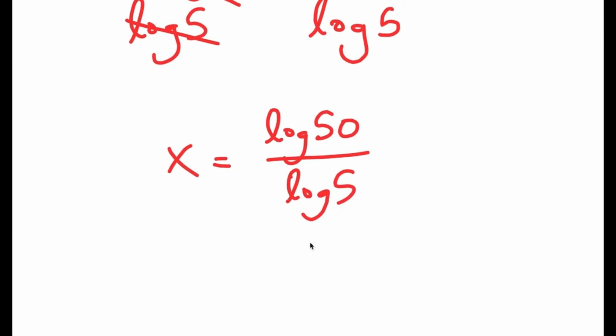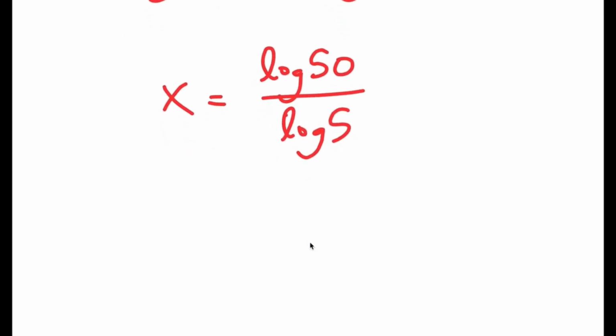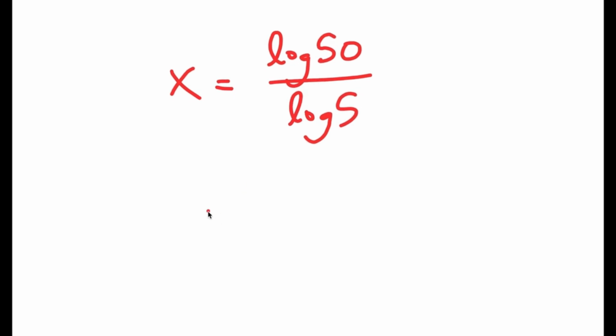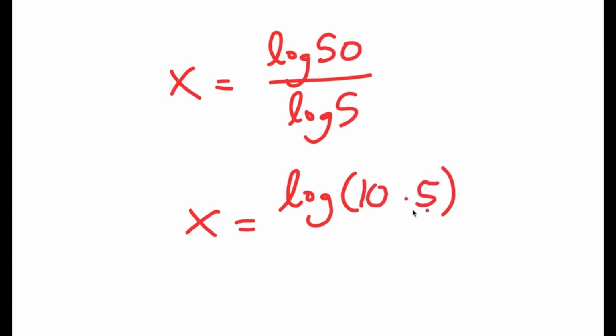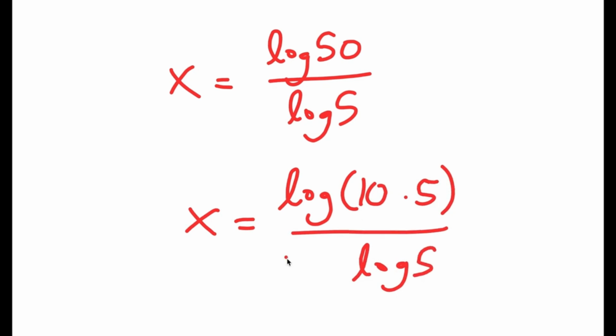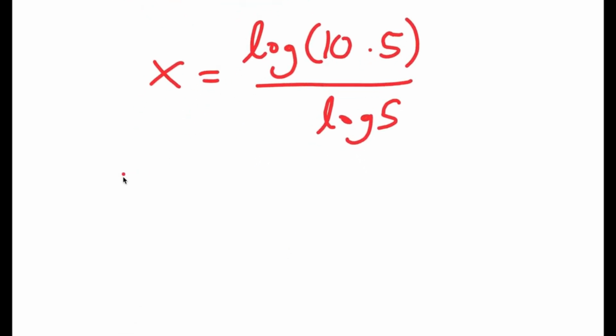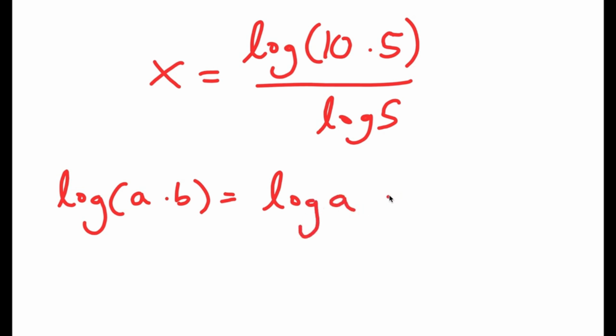And now let's simplify this a little to get the exact decimal value. So log 50 is the same thing as log of 10 times 5. And another property of logarithms is that if I have something in the form log of a times b, this is equal to log a plus log b.